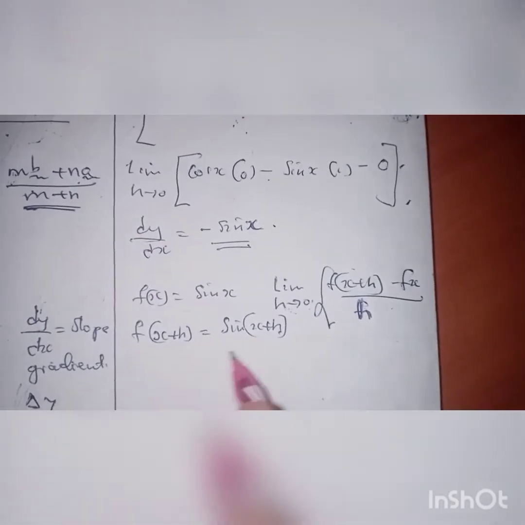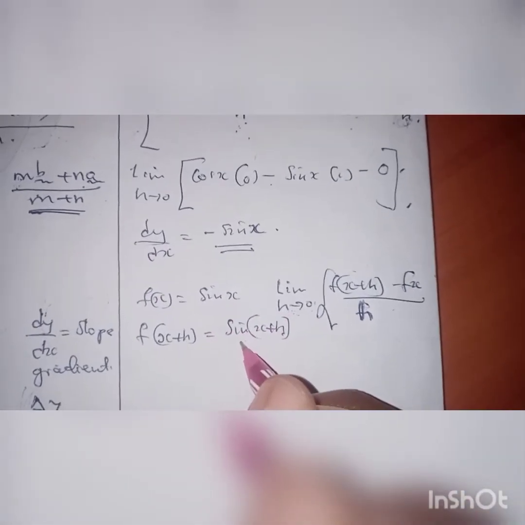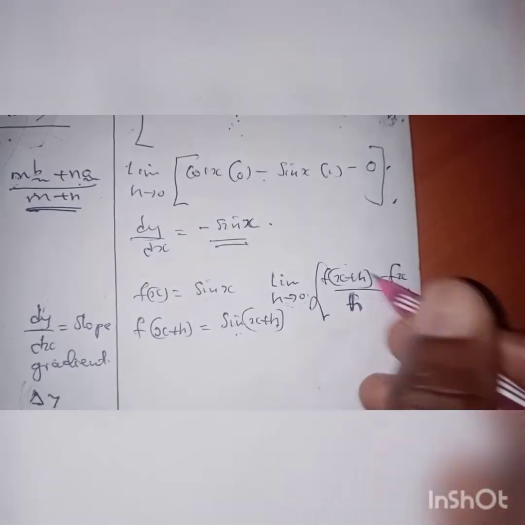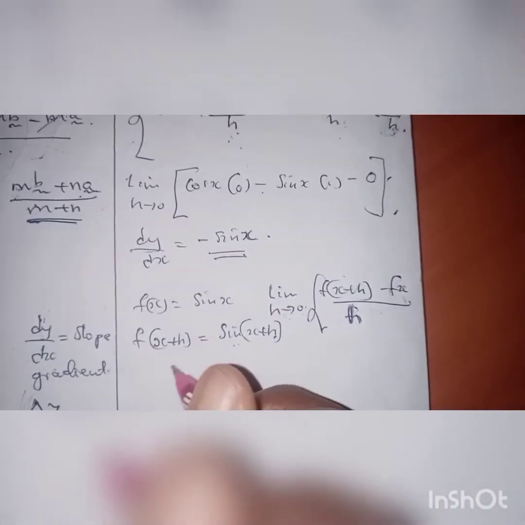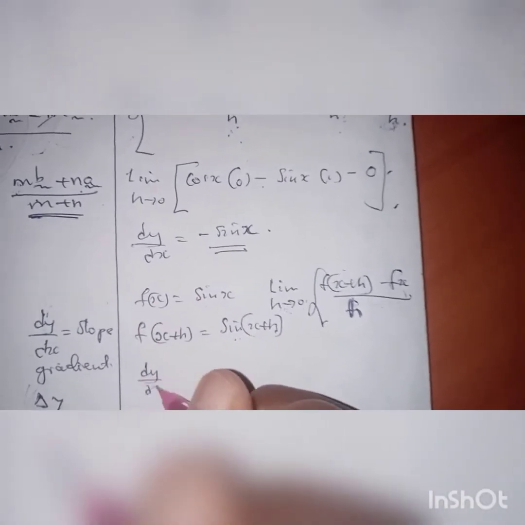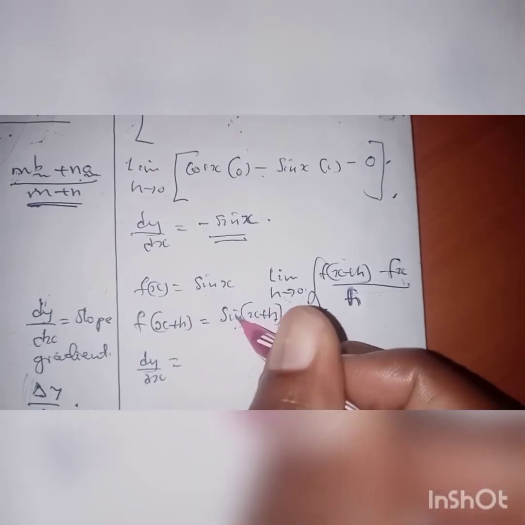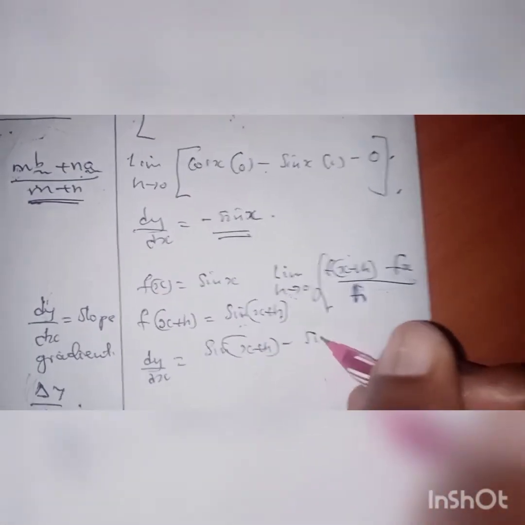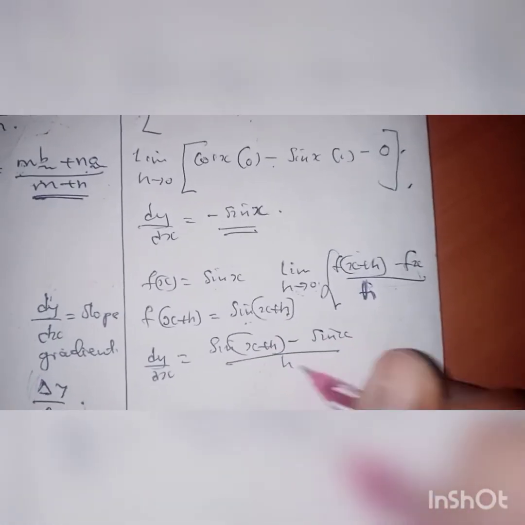Therefore, since we have f(x plus h) and f(x), let's take them to our expression, which says that for any derivative dy/dx of a function, here it is sine of x plus h, then minus sine x, all over h.